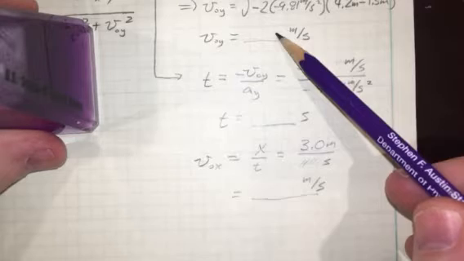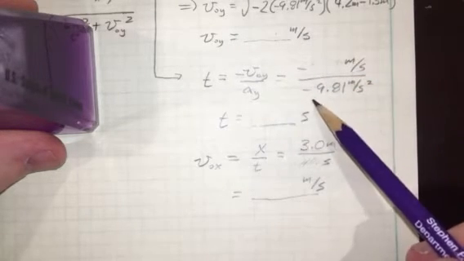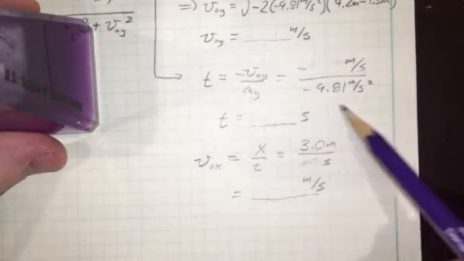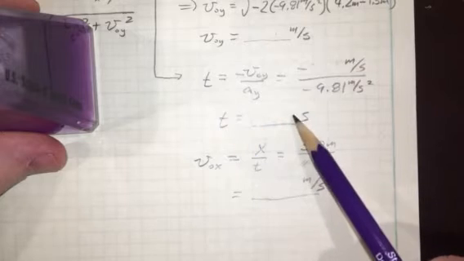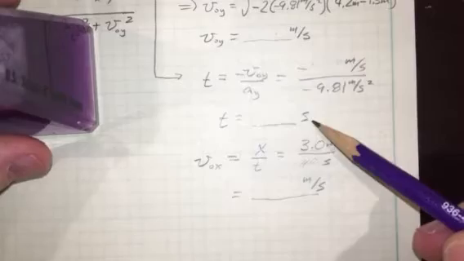And there it is. The time required to get from my shoulder to the windowsill is the negative of this velocity, which I write in meters per second, divided by the acceleration due to gravity, negative 9.8 meters per second squared. The units work out so that I get this time of flight, the time for projectile motion, in seconds.